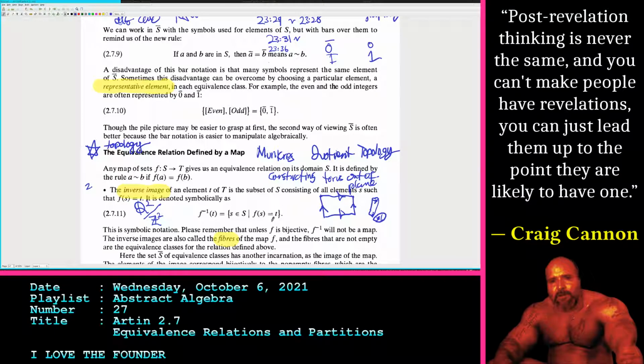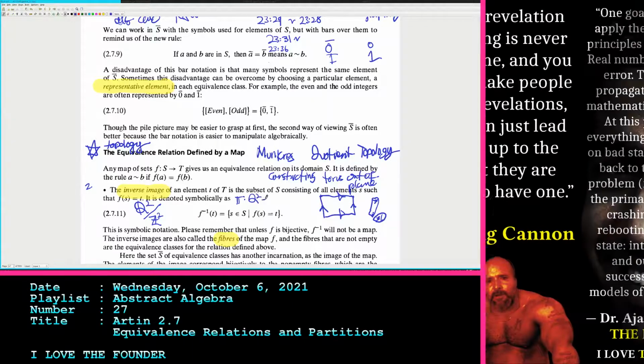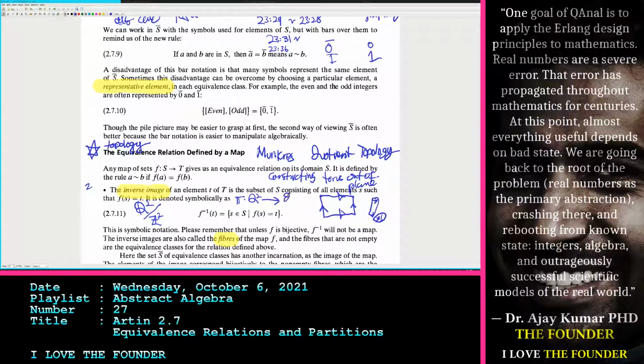You say, I am considering the plane, but I don't care about translations by an integer coordinate. And when you do that, the pi map in this case is from Q2 to Q2 mod Z2. And I think Lang's algebra does a better job of drilling in this point.